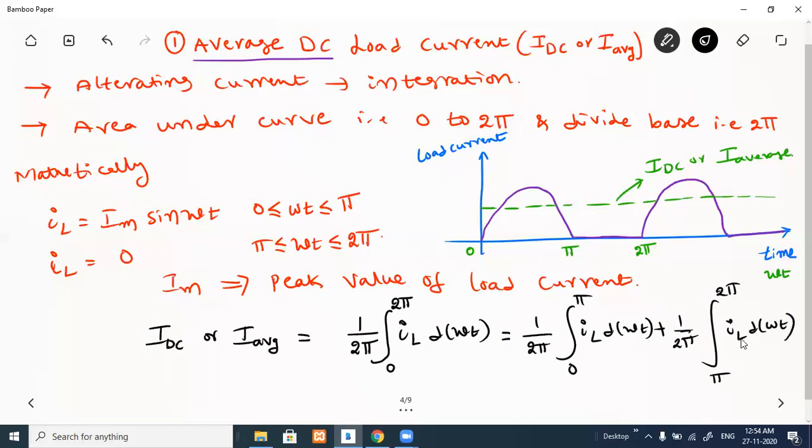From pi to 2 pi, the load current is equal to 0, so the second term becomes 0. So our IDC is equal to 1 by 2 pi integral 0 to pi IL d omega t.